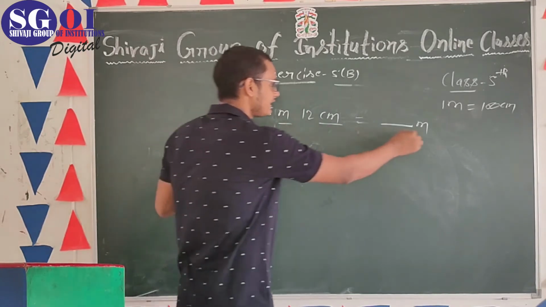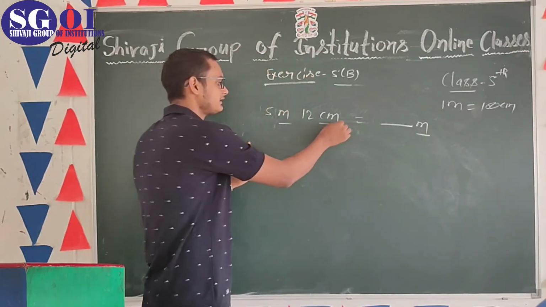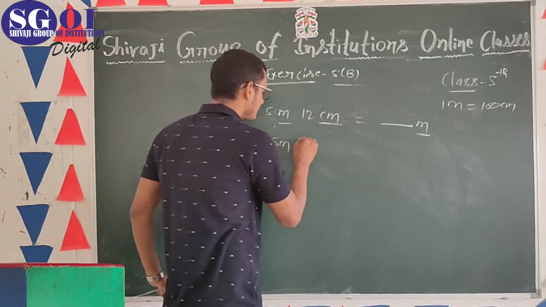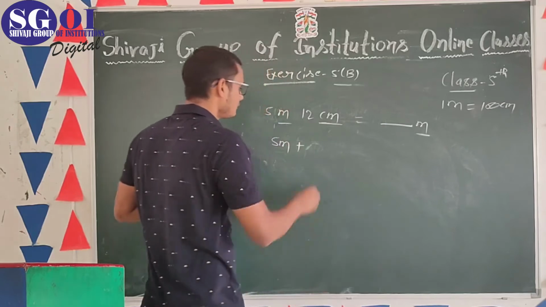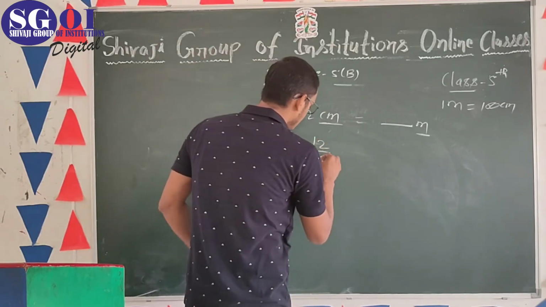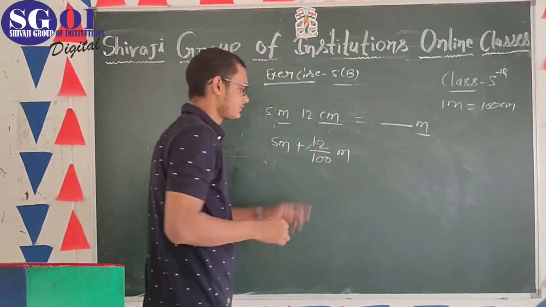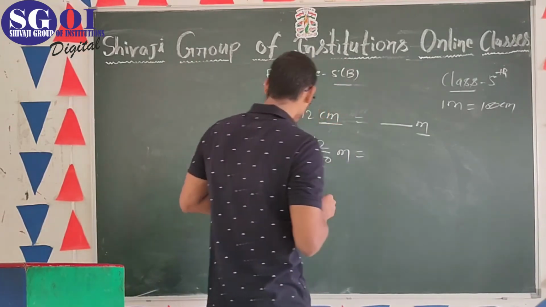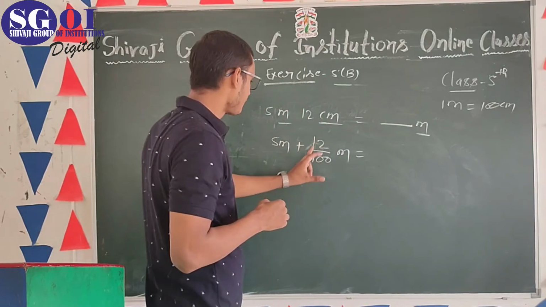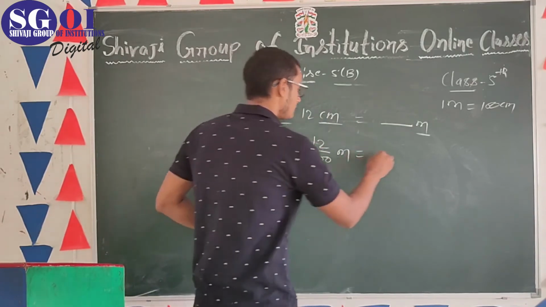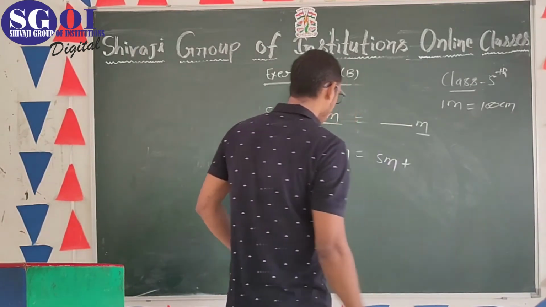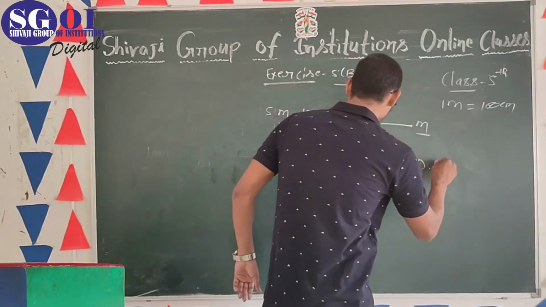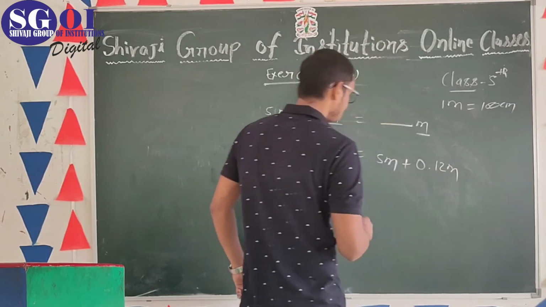We have to find the answer in meter, so we change this centimeter into meter. 5 meter plus 12 centimeter is 5 meter plus 12 upon 100 meter. 12 upon 100 is equal to 0.12 meter.